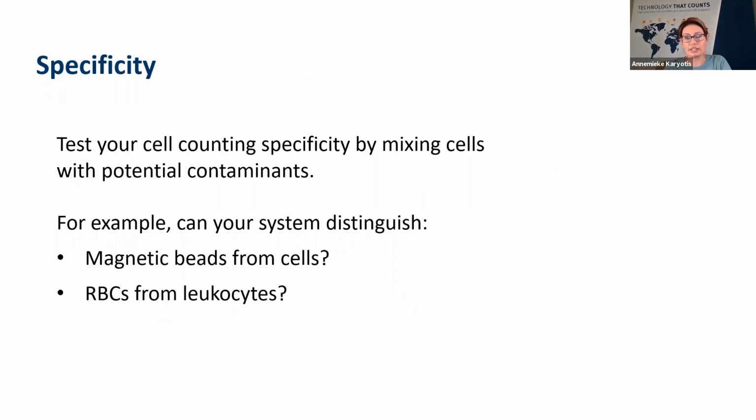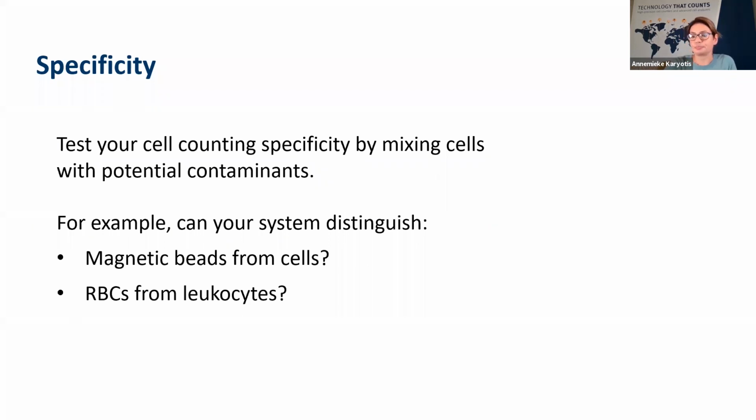Specificity. This is probably another really important parameter for some of you, say with cell production or cell therapy. If you look at your process across the whole, each time you're doing cell counts, is there anything new that's been introduced to the sample? For example, magnetic beads. Has there been a magnetic bead step? Could you possibly have red blood cell contamination?